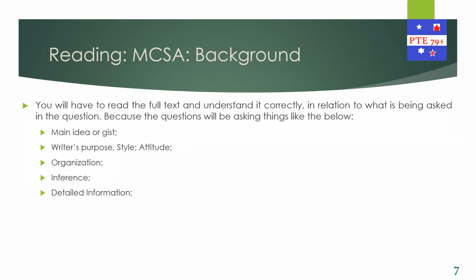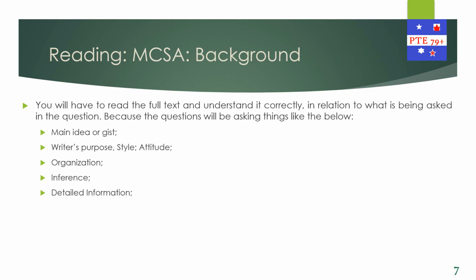What do we need to understand as a background before trying to understand the strategy? You will have to read the full text and understand it correctly in relation to what is being asked in the question. Based on the question, you have to read the text and try to figure out the answer.